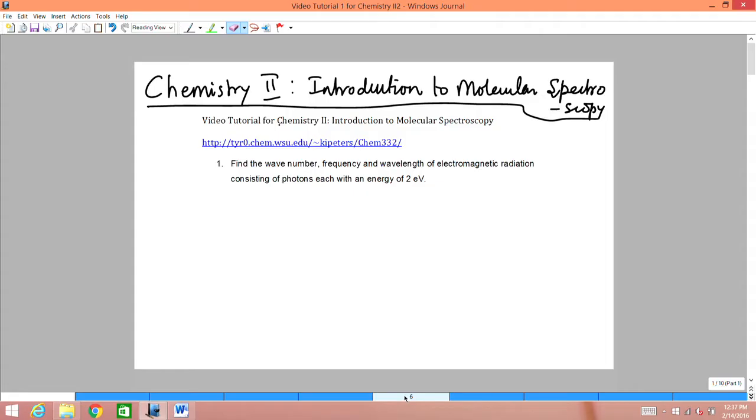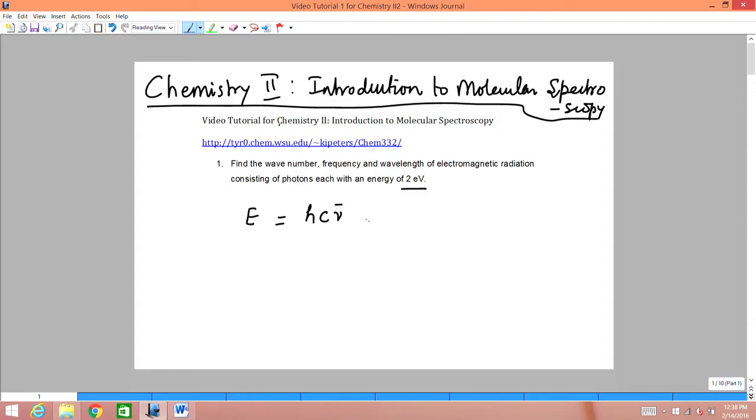The first problem asks you to find the wave number, the frequency and wavelength of electromagnetic radiation consisting of photons, each with an energy of 2 electron volts. Okay. So this is a very straightforward relation that you have to remember, namely the energy of the photon is related to its wave number by the Planck's constant and the speed of light times nu bar.